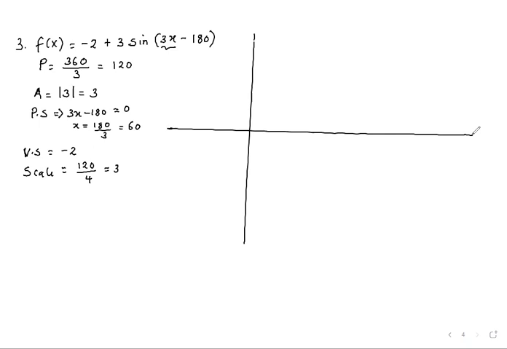Okay. Then we start. So this is sine. So we have 0. The period is 120. The scale is 30.